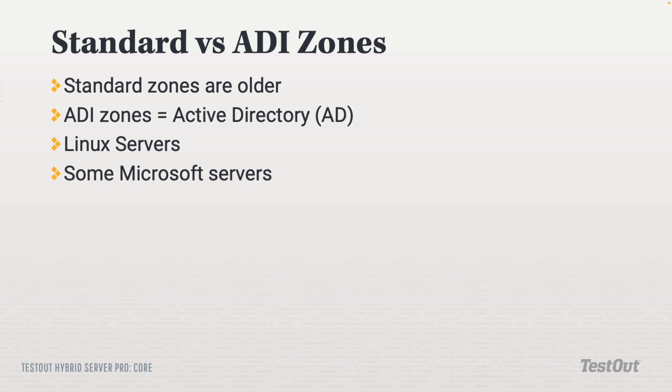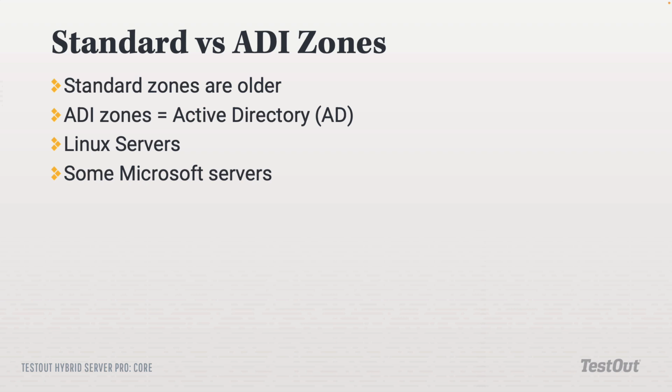Yep. So when it comes to your standard versus your Active Directory integrated zones, most of the regular internet is going to be our standard name servers, our standard DNS zones, whereas inside our organization, that's where we're going to see our Active Directory zones, okay?